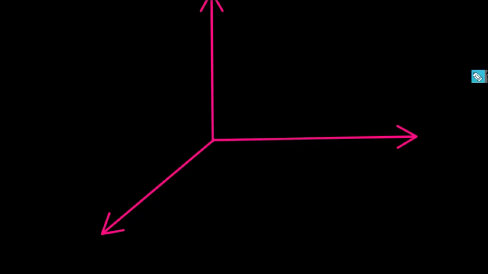I'll switch the color. This is y, and this is x, and this is z. I can place one pen over here. Okay, so it's a pen I place in that particular region.